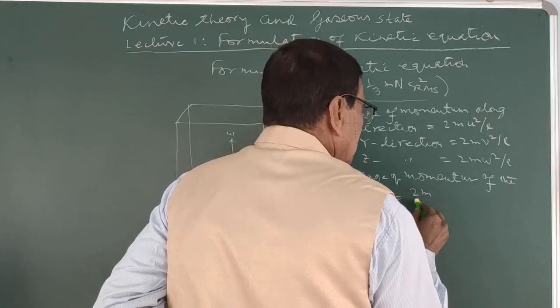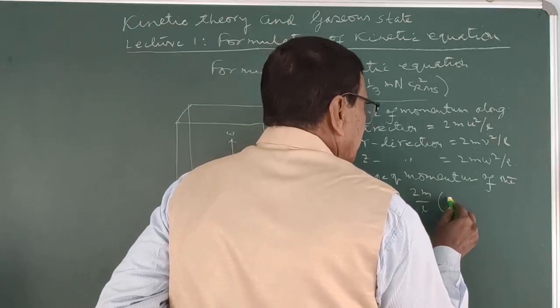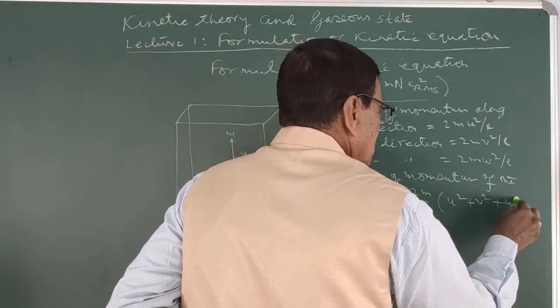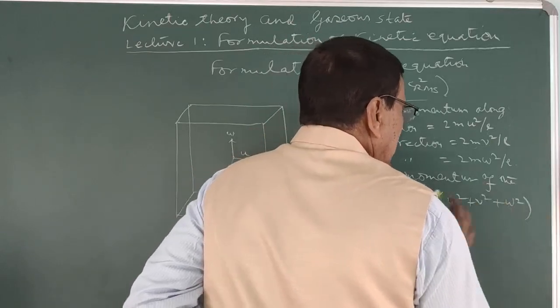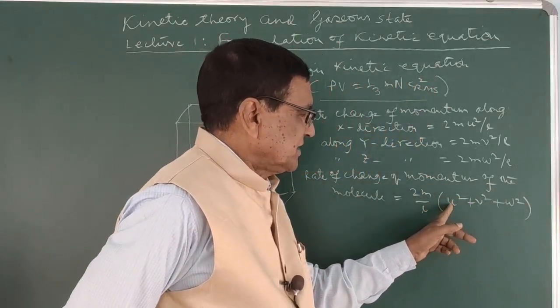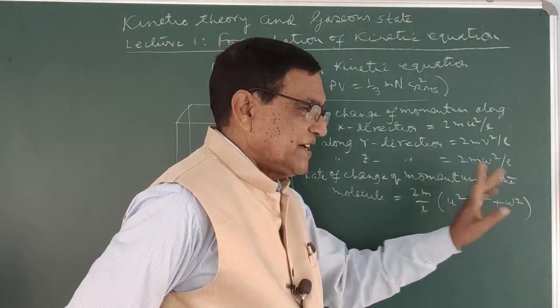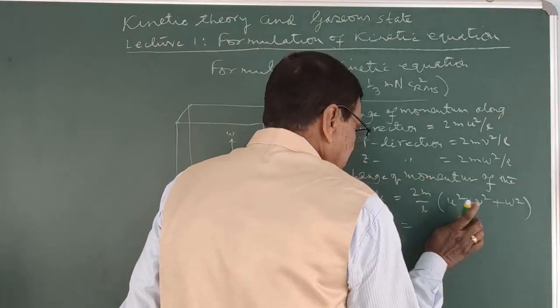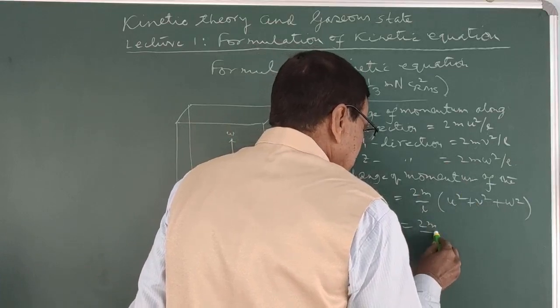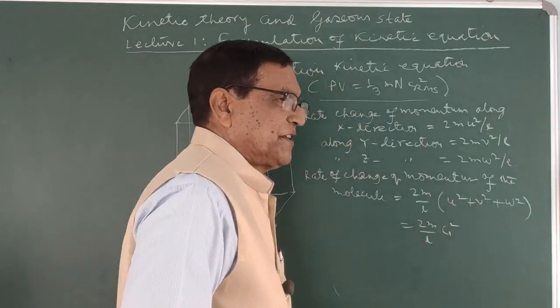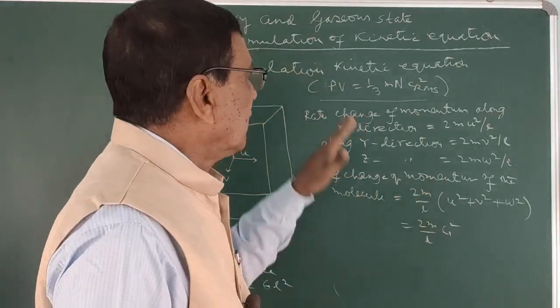Twice m by l is common, and it is u square plus v square plus w square, the velocities along the x, y and z directions. This will give you twice m by l times c1 square, where c1 is the resultant speed of this molecule of N1 type.